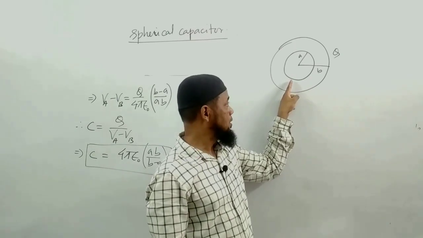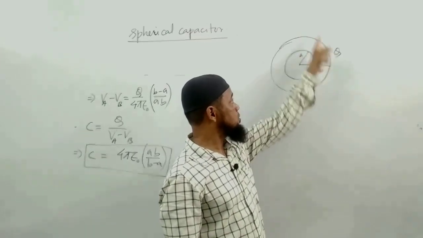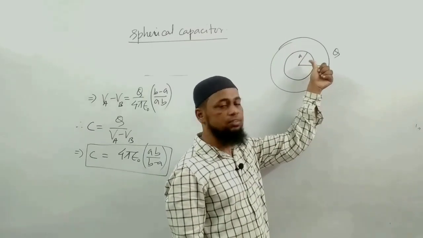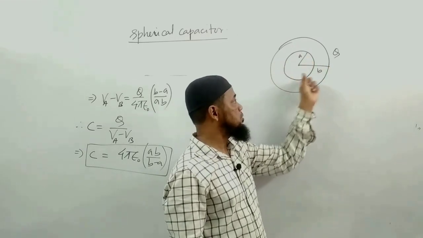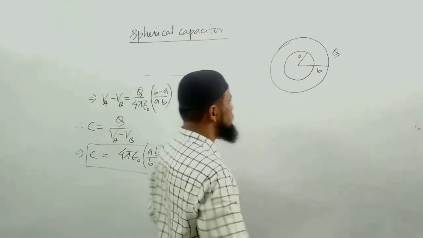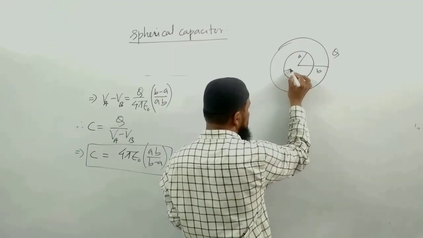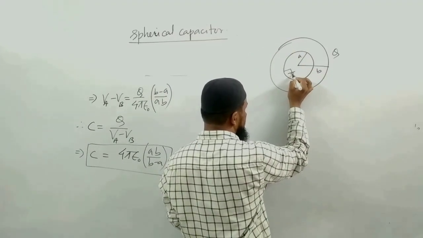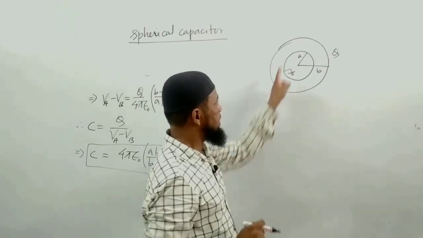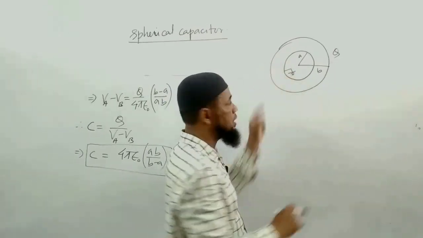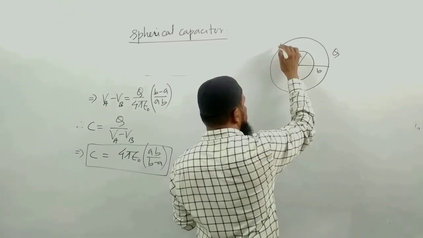Can you tell? Because of this particular charge there is no electric field inside, so inside there will be no induced charge. Inside, everywhere the potential is uniform, but if you ground the inner sphere, then an induced charge will develop inside.